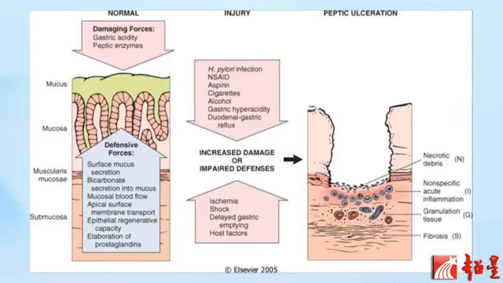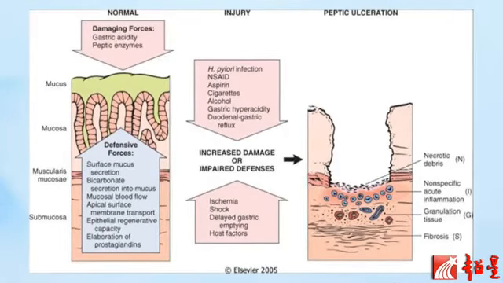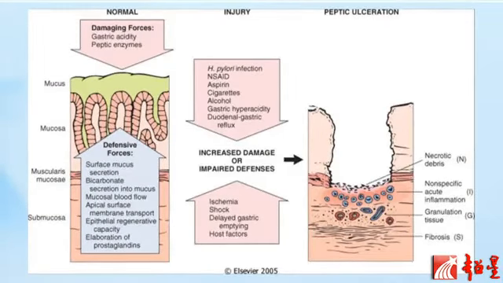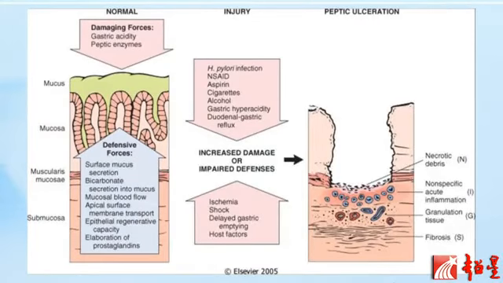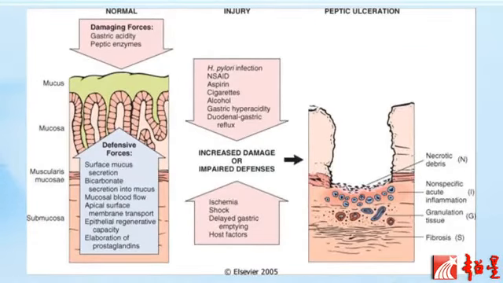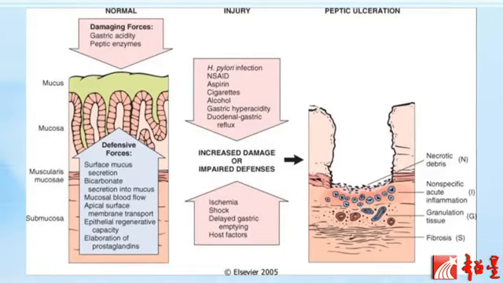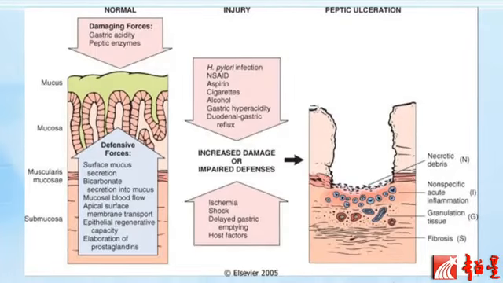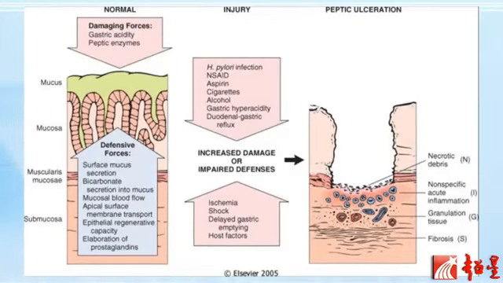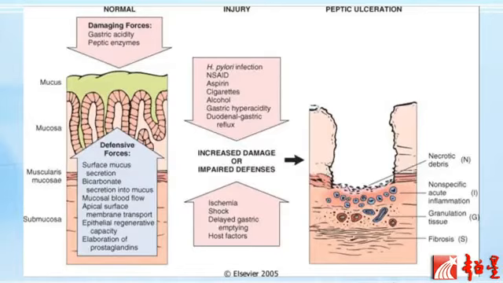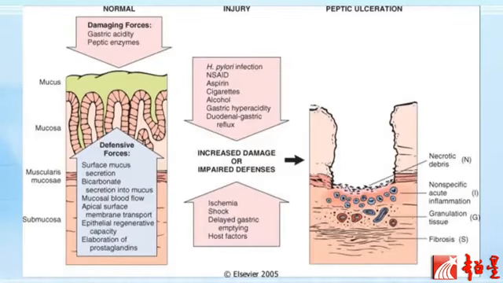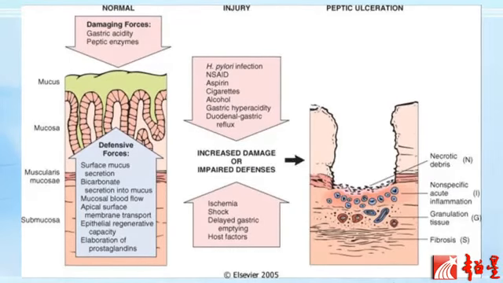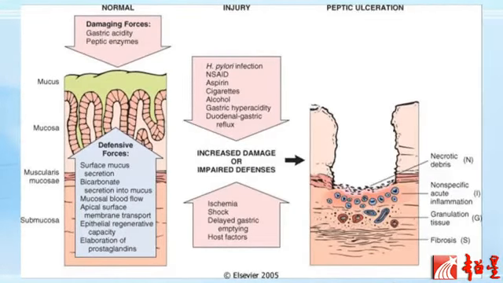Normally they are in balance. So when there is H. pylori infection, or the patient takes drugs such as aspirin, or drinks alcohol, the damaging force increases and the defensive force decreases, so the patient can digest his own organ. So we can find the ulcer here.